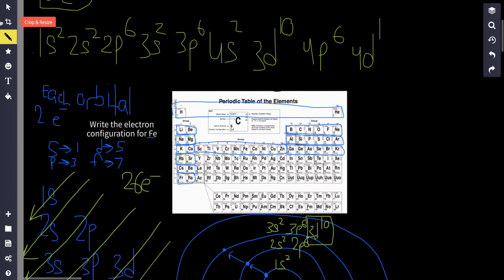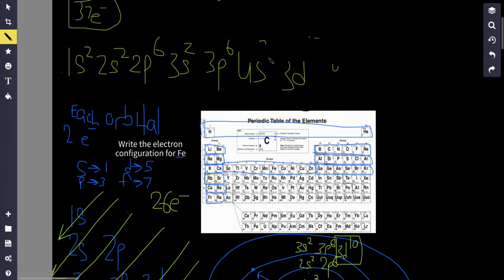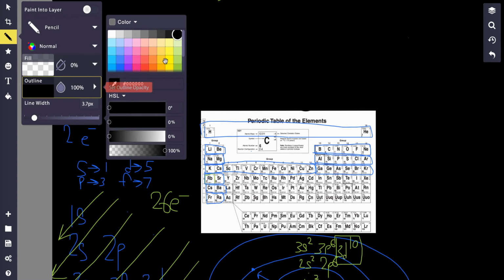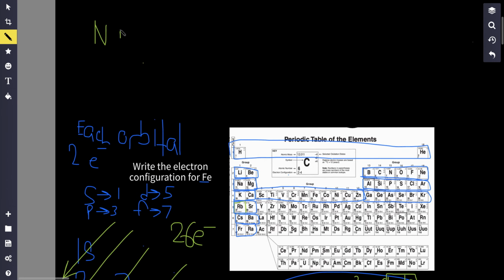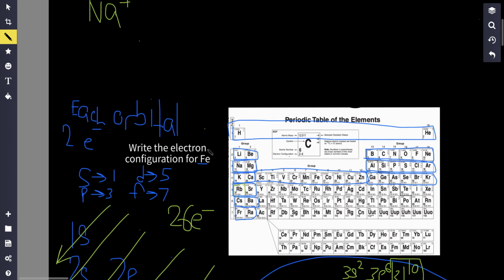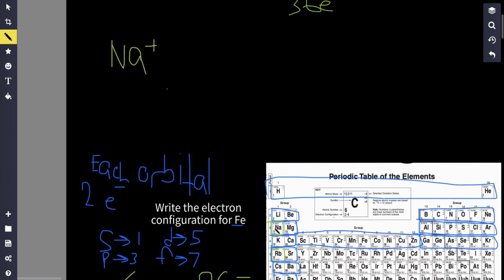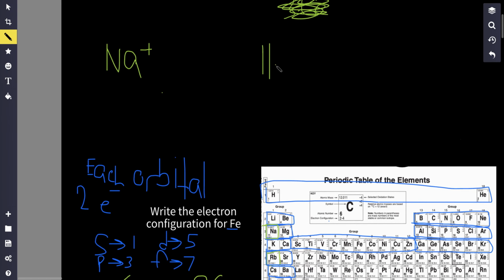Now, we can also write electron configurations for ions. So what do I mean by ions? Well, let's say I wanted to find the electron configuration of the sodium ion. Sodium is Na, which originally has 11 electrons in total.